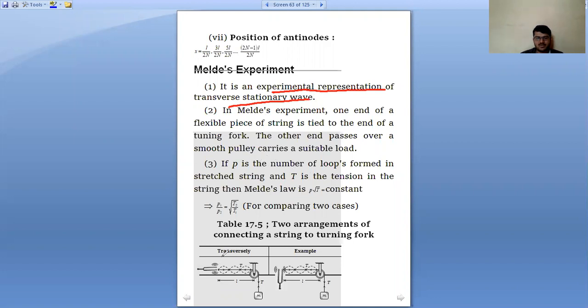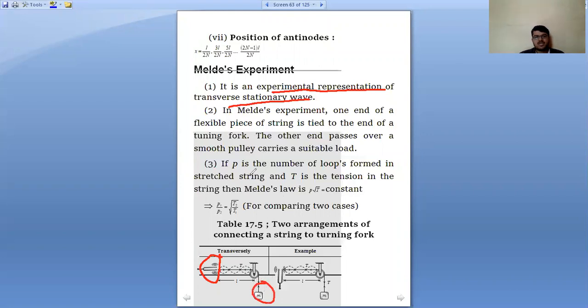You can see here one tuning fork is there and its end is tied here. The other end passes over a smooth pulley and carries a suitable load. So here you can see the load and this string.